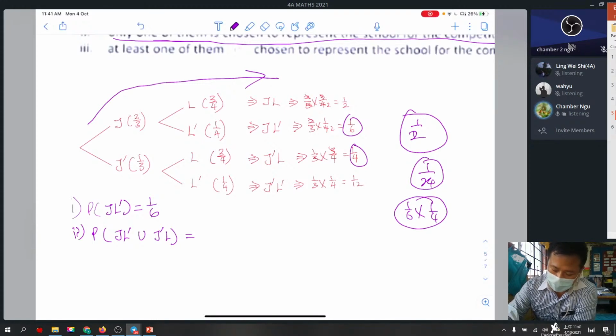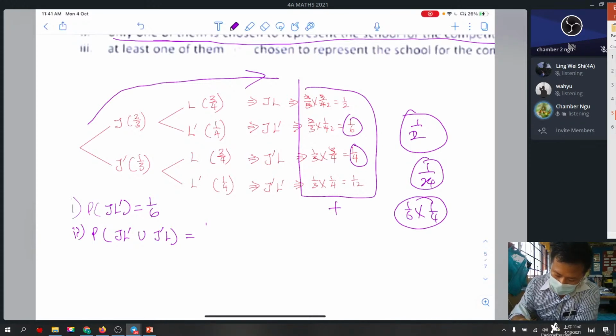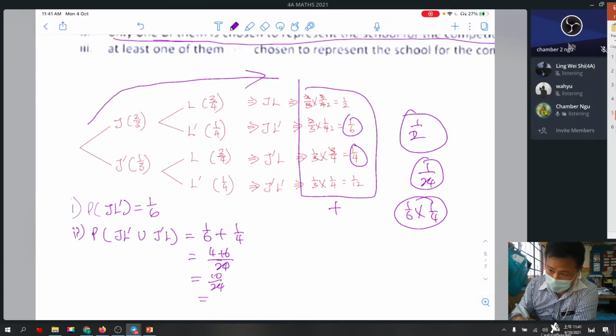If in this kind of number, this one you have to use plus. This means 1/6 plus 1/4. 4 plus 6/24. So 10/24. 5/12. Understand?